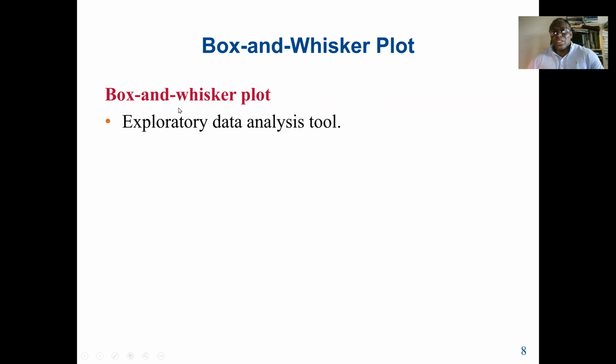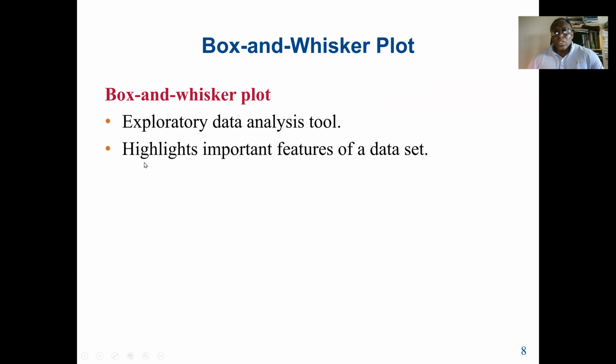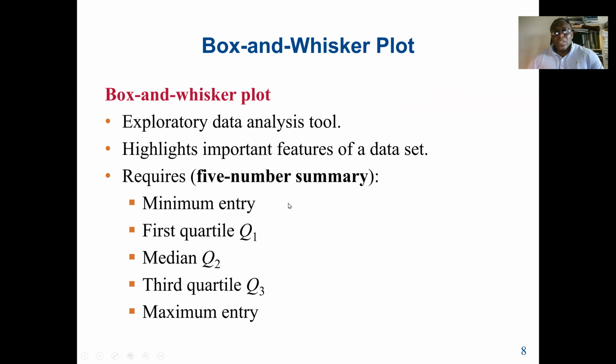So sometimes we use the term 5-point summary for the Box-and-Whisker plot. Here we highlight the important features of a data set, and it requires a 5-number summary. So we need a minimum entry, Q1, Q2, Q3, and also the maximum entry.